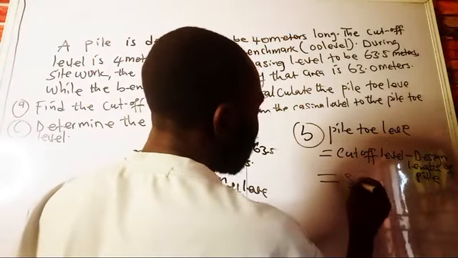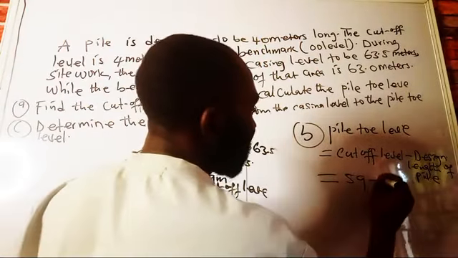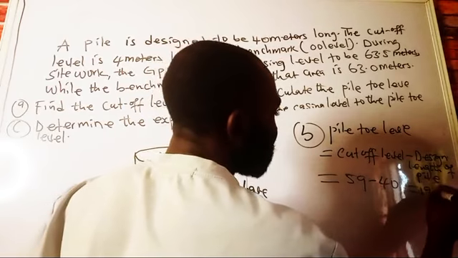So that is 59, which is the cutoff, minus 40, and this will give us 19 meters.